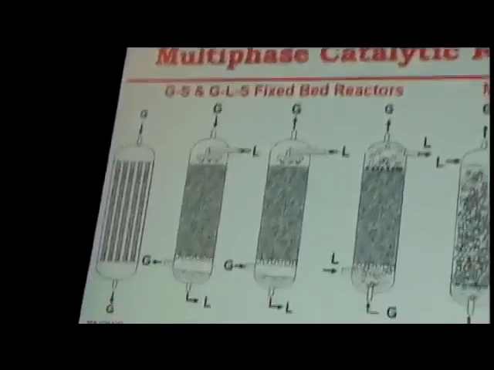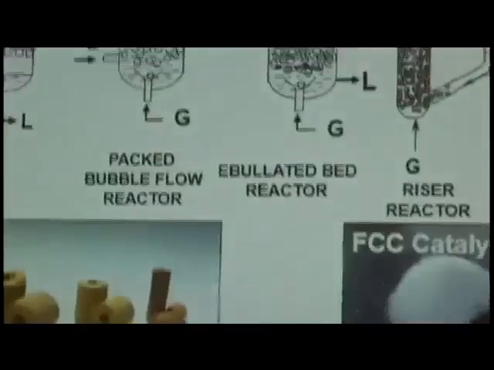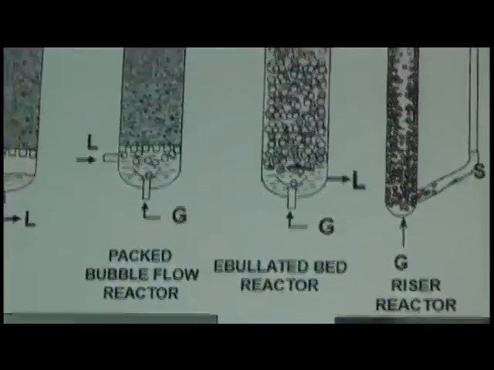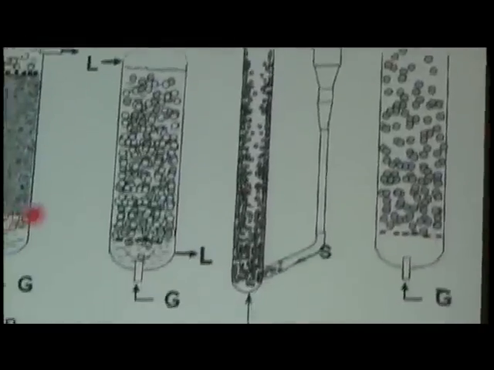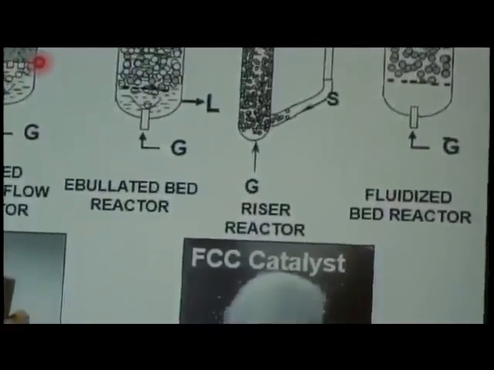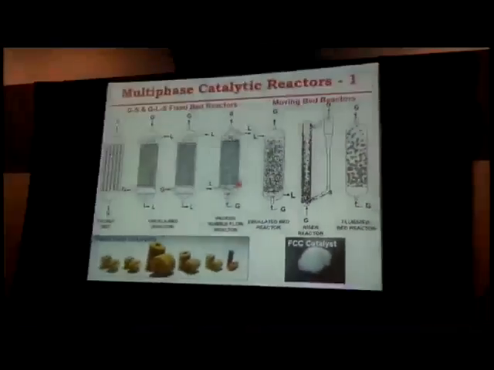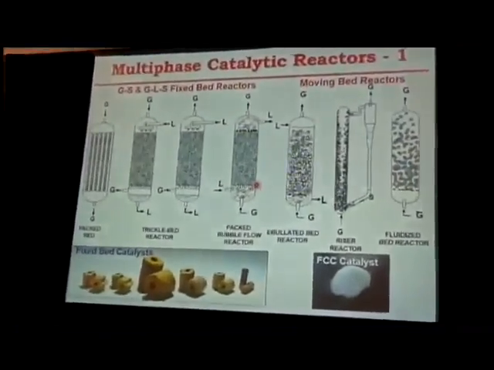These reactors, which are sketched here for you, range from packed bed reactors, with either multitubular or large-scale adiabatic reactors which don't contain tubes, shown there on the left, moving over to trickle bed reactors with gas-liquid flow, which can be operated in either co-current downflow or counter-current flow, or we basically turn the reactor upside down, if you will, and run it in upflow, a so-called packed bubble flow reactor.